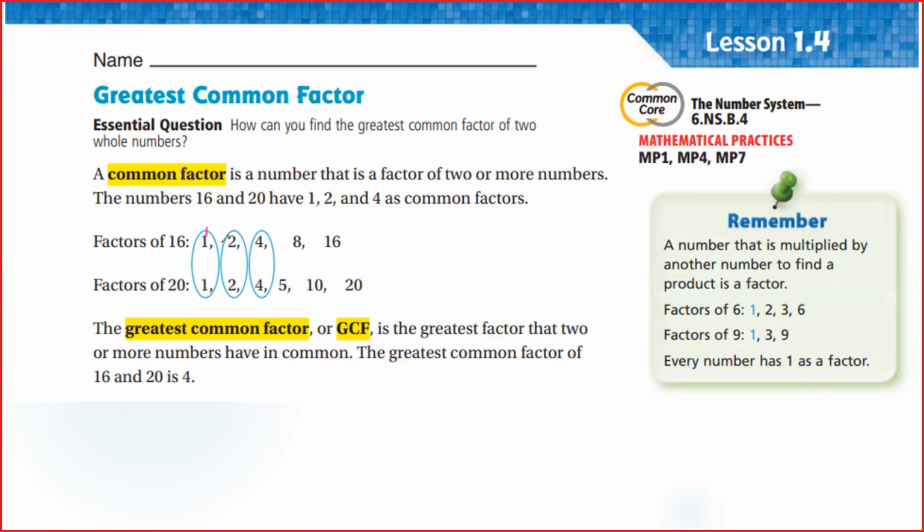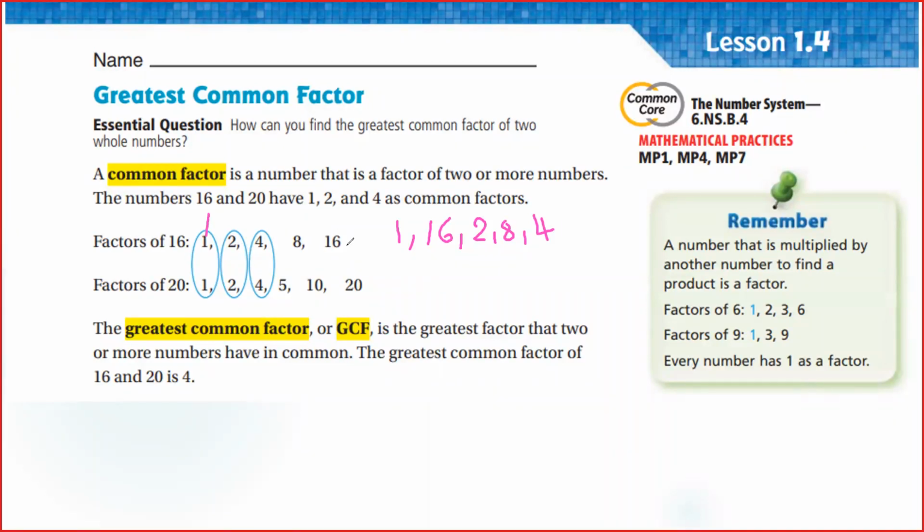They are 1 and 16, 2 and 8, 4 and 4, but I will not repeat it, you write only one 4. Then you write them from least to greatest: 1, 2, 4, 8, 16.